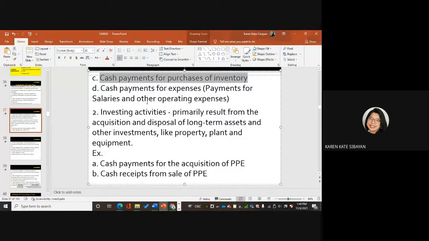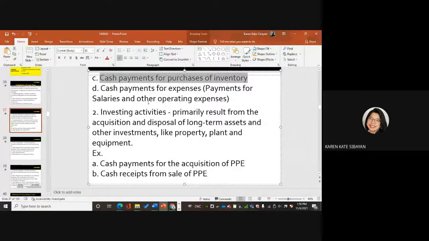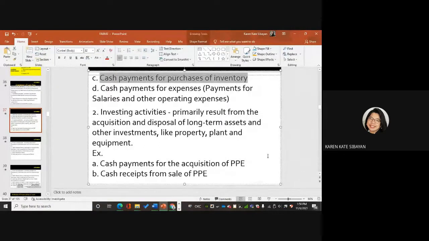Interest payments, net of amounts capitalized, lalo na kung meron kang inutang, so nag-earn na siya ng interest. For example, nag-purchase ka ng isang supply pero on credit, parang ganon. Okay? Next is contributions to charities and of course, cash refunds to customers.